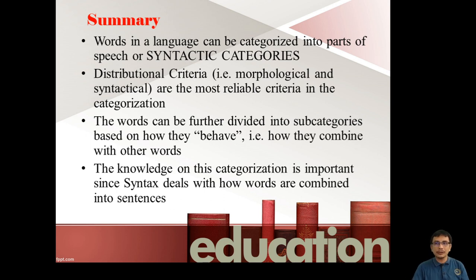We have shown some features that can be used to subcategorize these words. And the knowledge of this categorization is important since syntax deals with how words are combined into sentences. That is, in order to be able to tell why a certain sentence is grammatical or not, we need the characteristics of this.